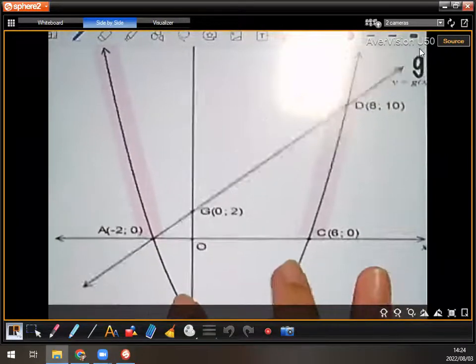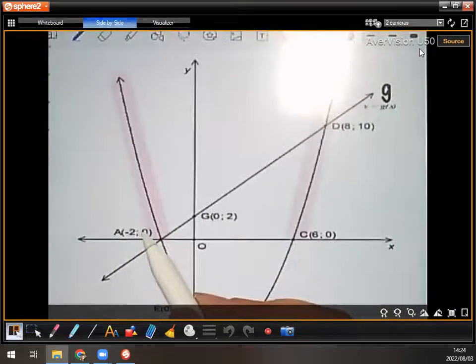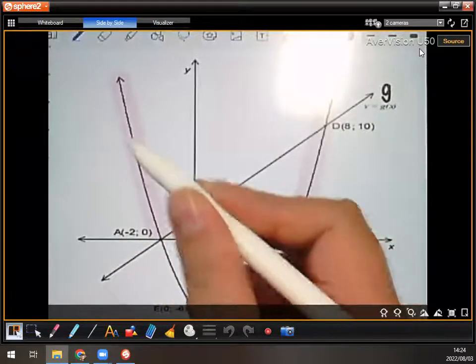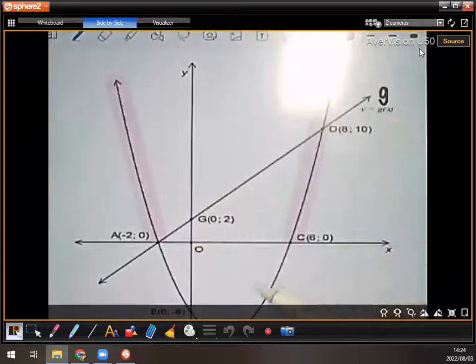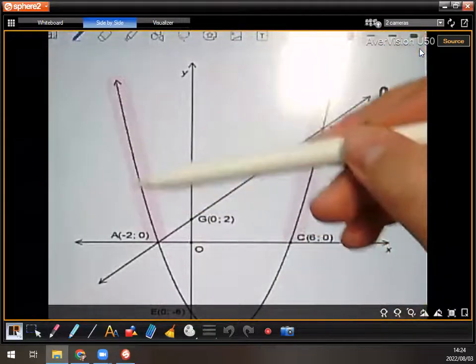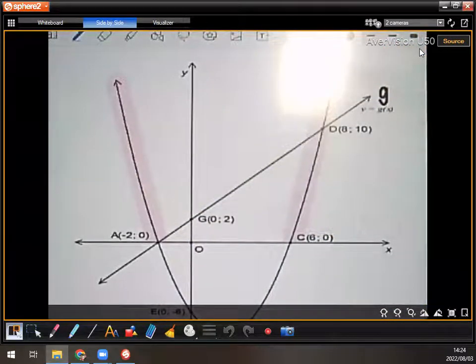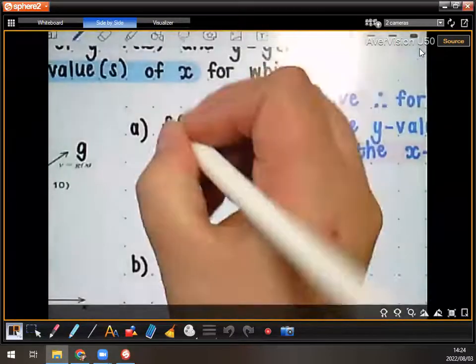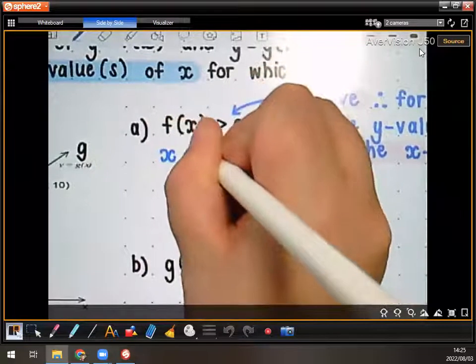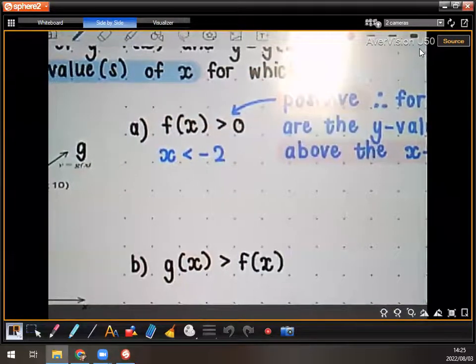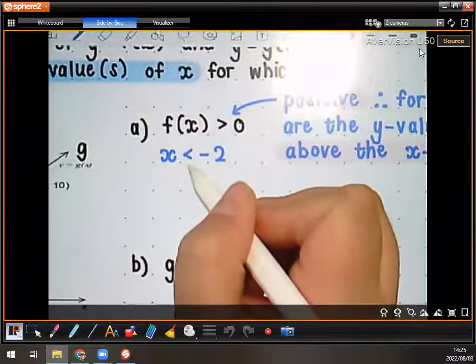Now, I'm looking at the pink part, are those x values to the left of -2 or to the right? To the left. So are they smaller than -2 or greater than -2? Smaller. So that's what I'm going to write, guys. I'm going to say x smaller than -2. That represents that first pink part.